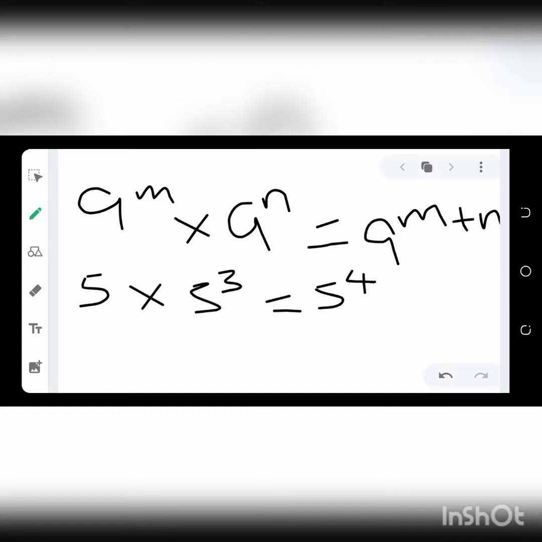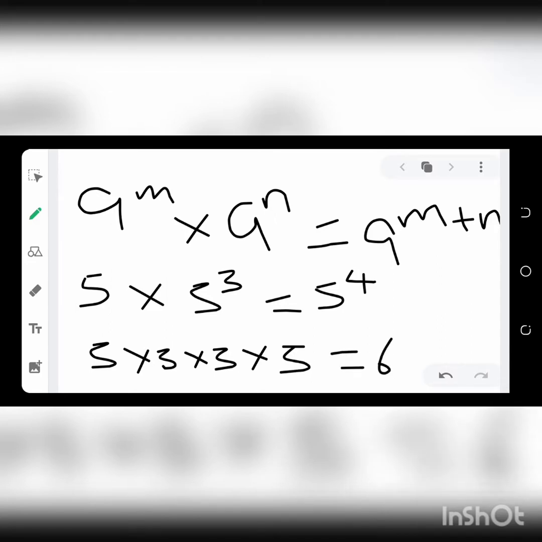And when 5 is raised to the power of 4, it means that we have 5 in 4 places. That means we have 5 times 5 times 5 times 5, which is equal to 625.